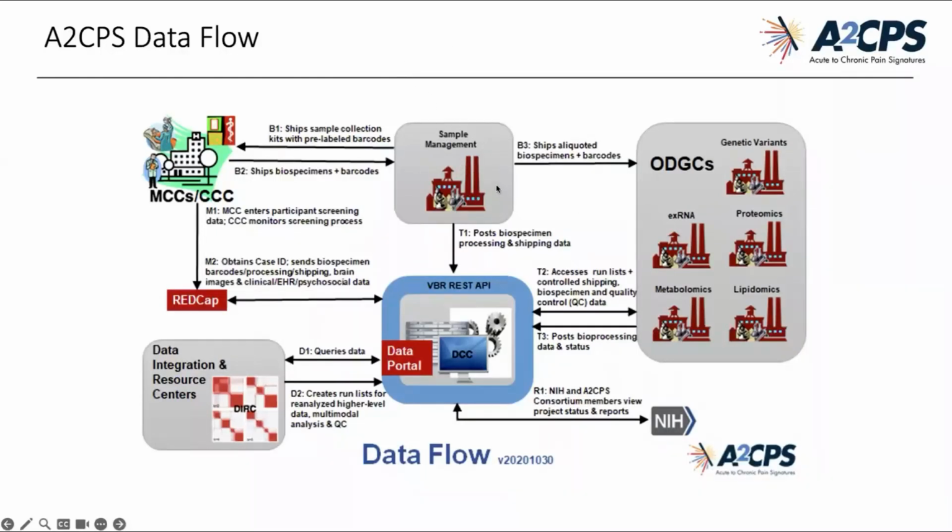Once there are enough, they're shipped off to the omics centers, and we provide them with run lists, basically to minimize the batch effects that might happen, but also to optimize their assay flow, right?